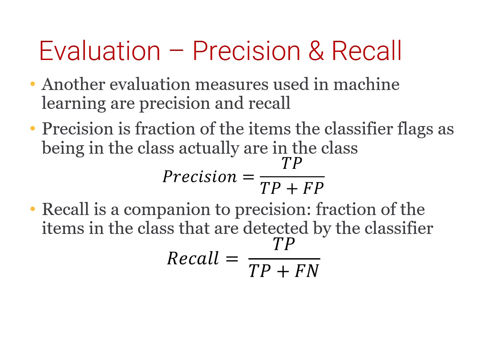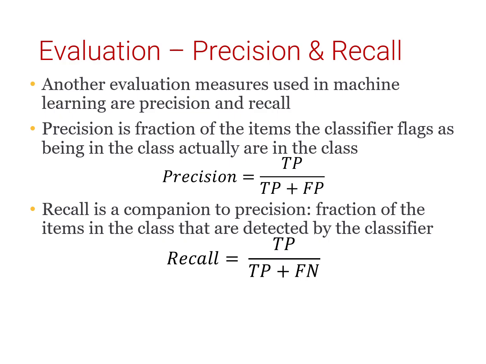Precision and recall are complementary metrics that provide a more granular view of a classifier's ability to correctly identify instances of a particular class. Let's explore each of these metrics in detail. Precision focuses on the accuracy of the classifier's positive predictions.